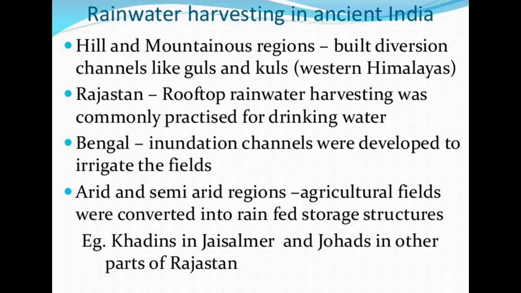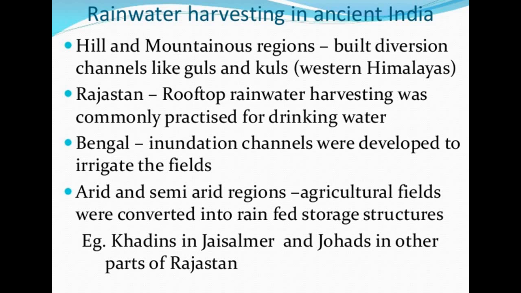All this rooftop rainwater harvesting that was happening at that time was going straight to irrigation and the fields. They made such channels that the rainwater flowed directly from their rooftops to the fields, which could help in the betterment of irrigation. So in Rajasthan rooftop rainwater harvesting was commonly practiced for drinking water, and in Bengal inundation channels were developed to irrigate the fields.